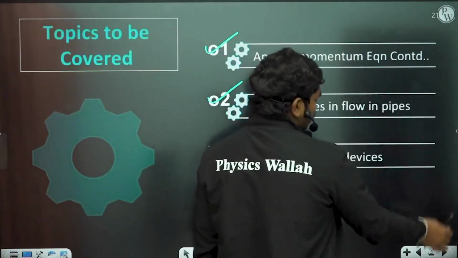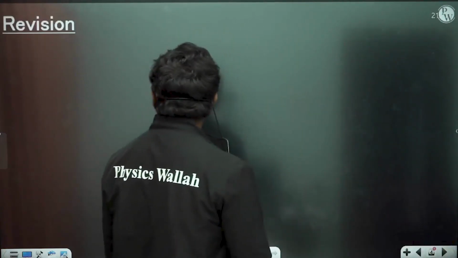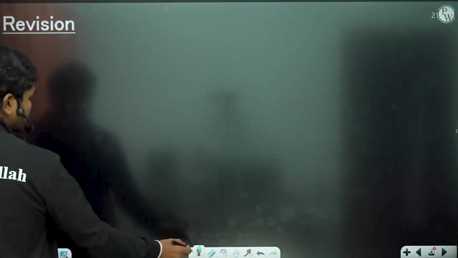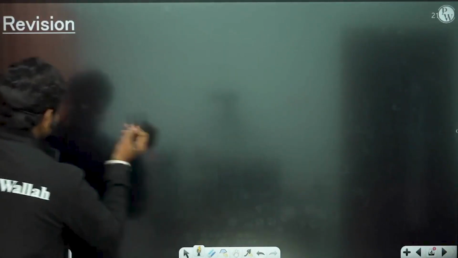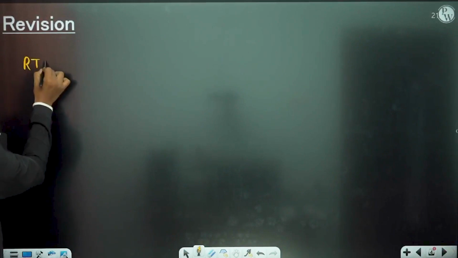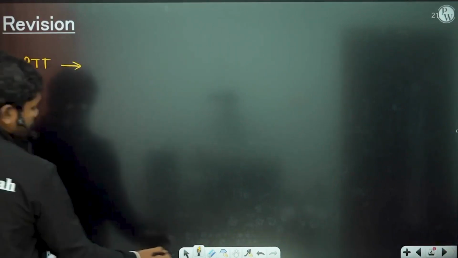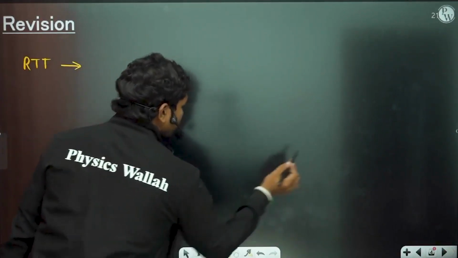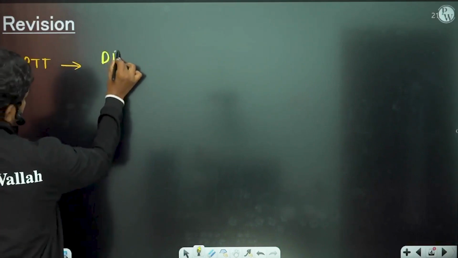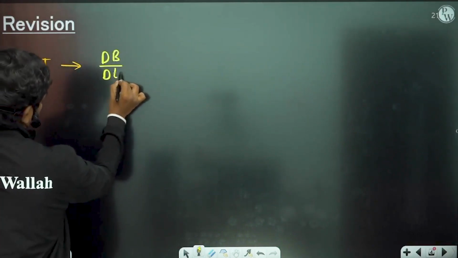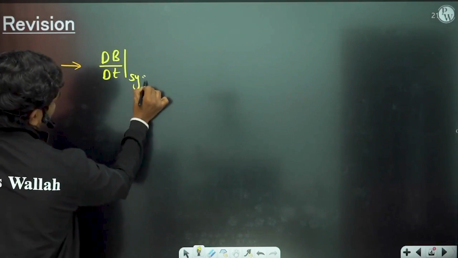So, the angular momentum equation, if we continue. First of all, if we do the revision, we have done the RTT, the Reynolds transport theorem, for which the equation is dB/dt of the system, which is basically the mass you have taken.